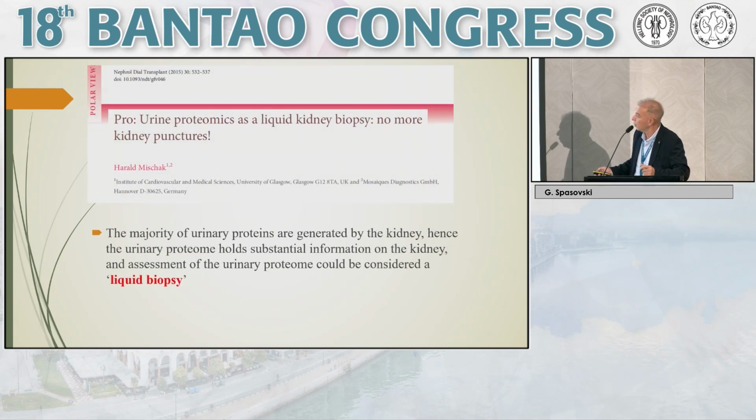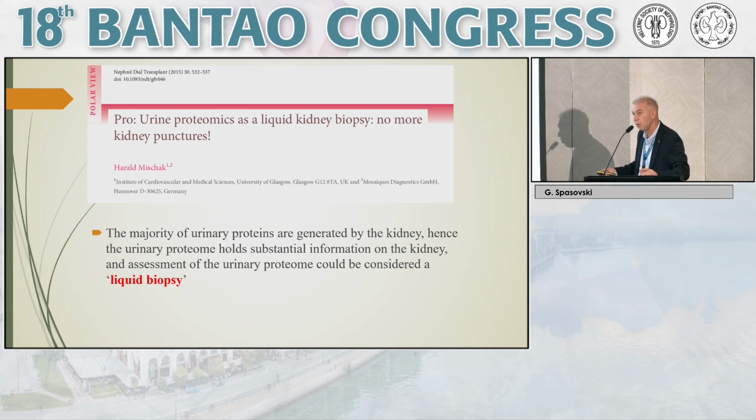Since 2015, our friend Harald Mischak, who was also part of our study because he owns a private company for this proteomic analysis, introduced this in the early years of the last decade. He said that the majority of urinary proteins are generated by the kidney, and hence the urinary proteome holds substantial information on the kidney, and assessment of the urinary proteome could be considered a liquid biopsy.